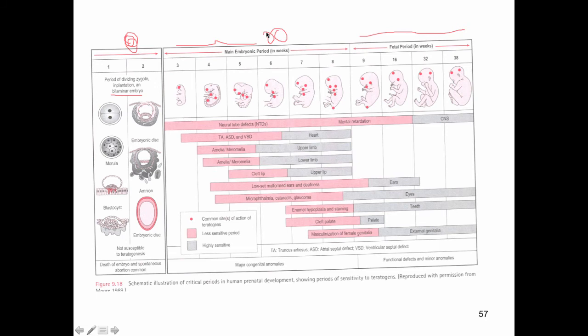Now, the reason why this main embryonic period is drawn out to take up a lot more space is because this table is really trying to show periods of sensitivity to teratogens. And the most critical period of teratogen vulnerability is between week 3 and 8 of gestation.